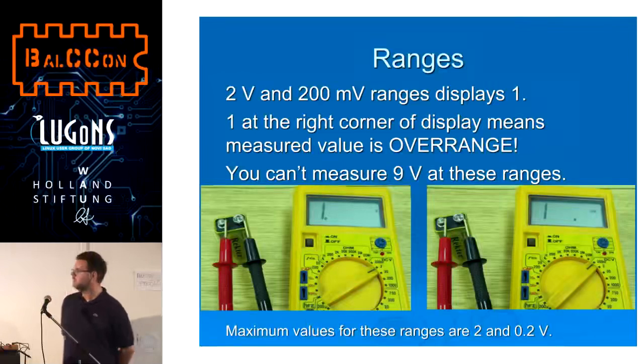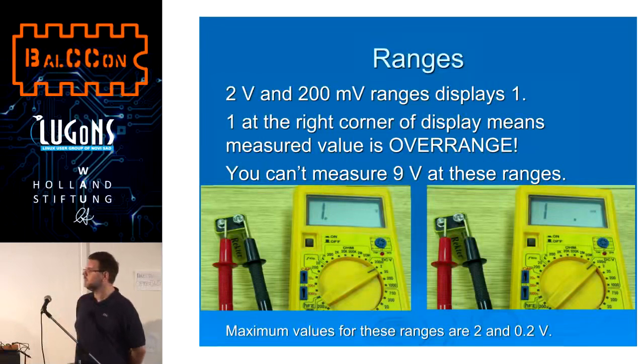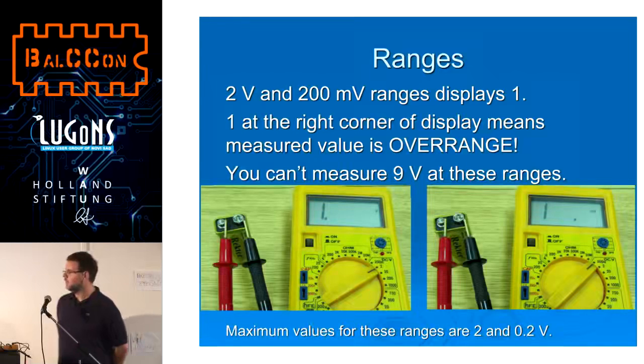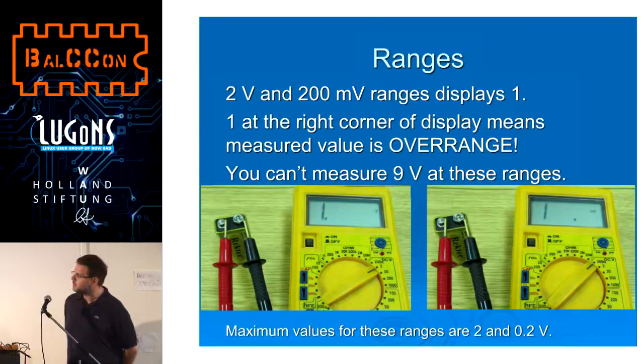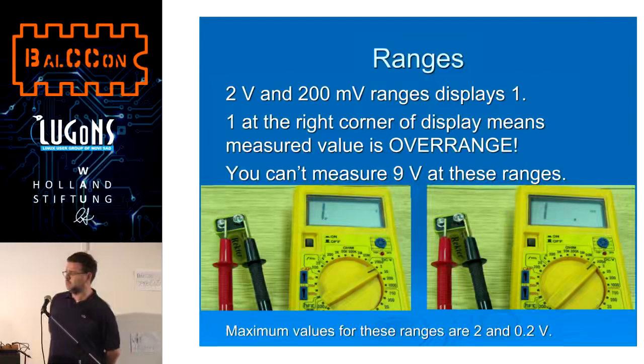One is an indication that you are over range, that the multimeter can't measure such high voltage. Why? Because it has ranges of 2 volts and 200 millivolts, and that's hard to measure 9 volts with. So you must go back to 20 volts and measure it.